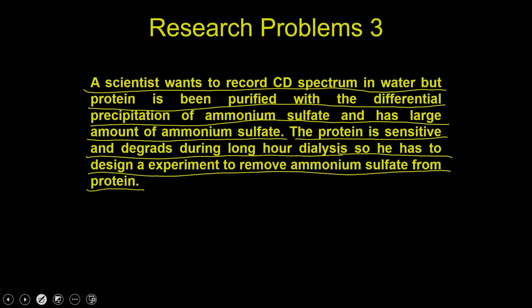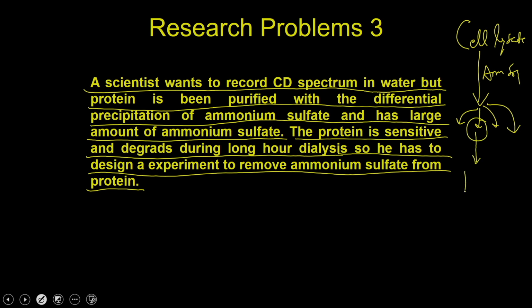So, what is meant is that you have a cell lysate, okay. This cell lysate they have incubated with ammonium sulphate. So, what happens is that it has given multiple peaks, and out of these multiple peaks, one of the peaks was containing the protein of your interest.